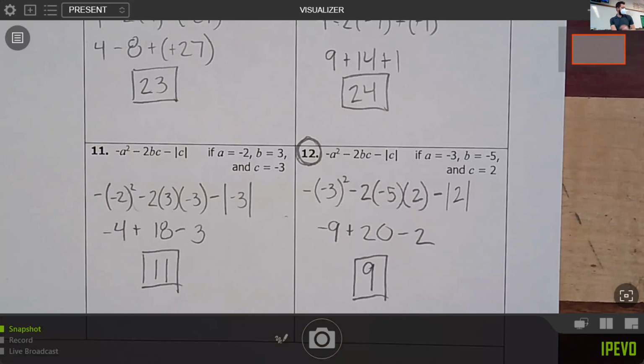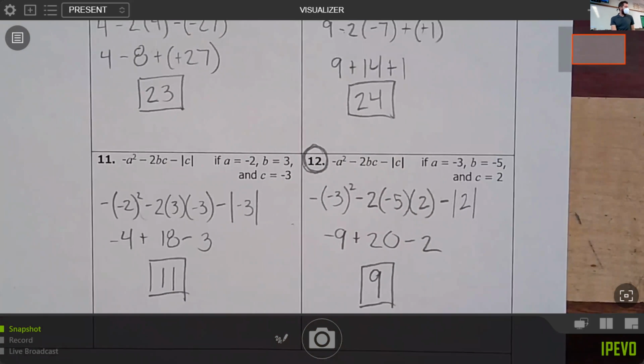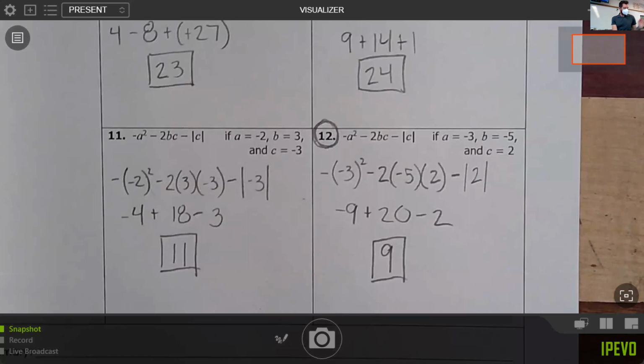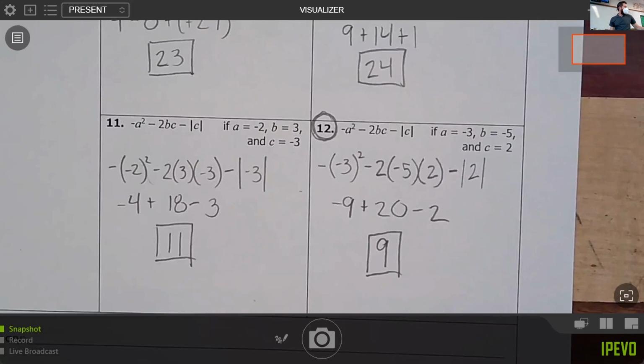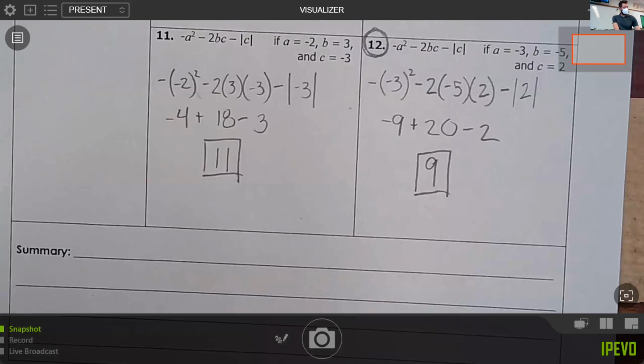All right. So for the summary, I think I'm going to go ahead and direct this summary a little bit. I'm just going to have you write this down.